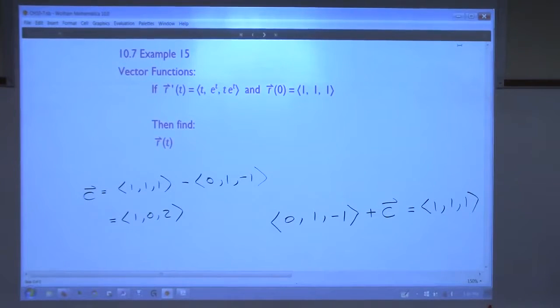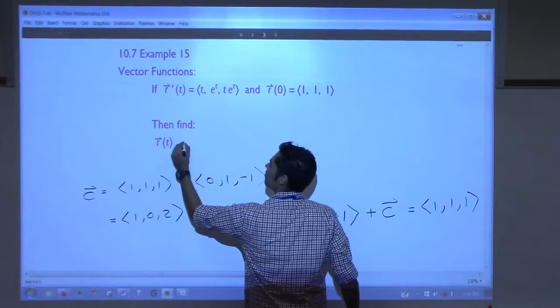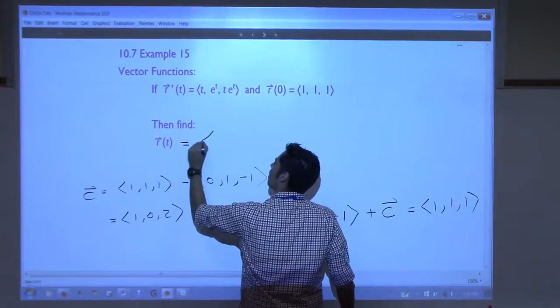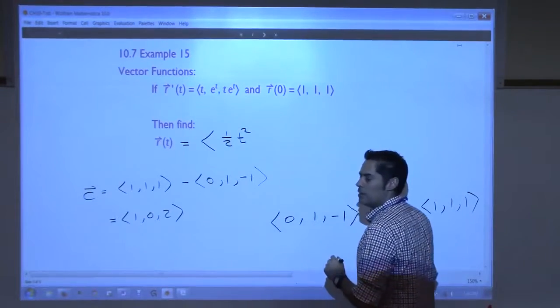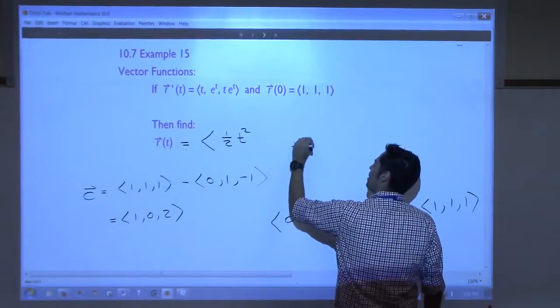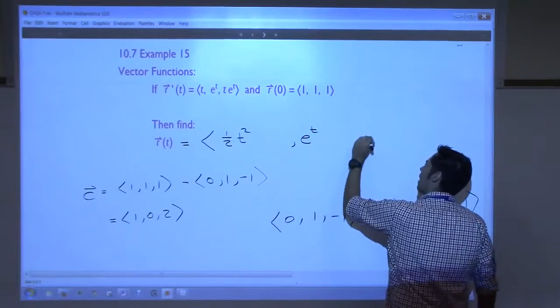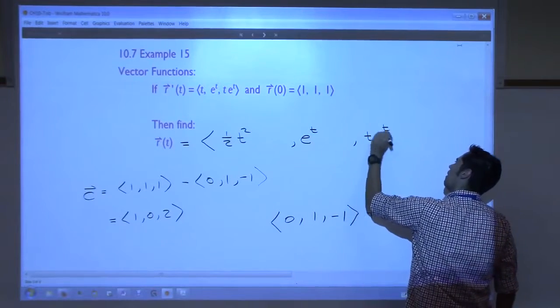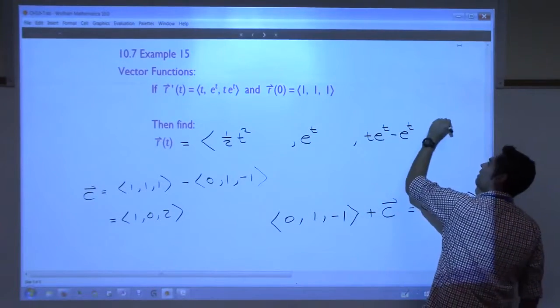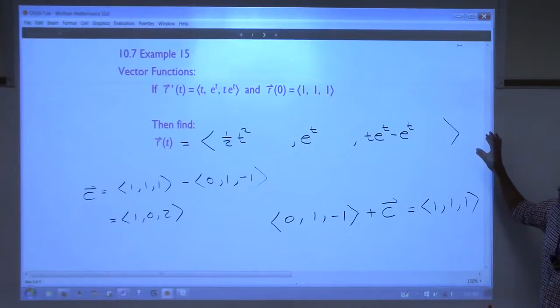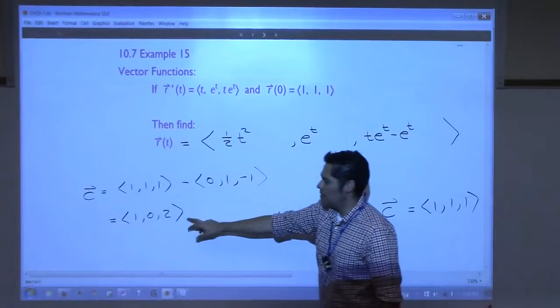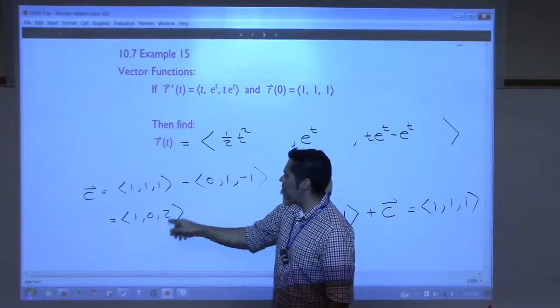All right, final answer. R of t is 1/2 t squared, right? Then we had here, I'm going to leave some space, e to the t, and then we had t e to the t minus e to the t, like that, plus our c vector. But our c vector is this. So what I'm going to do is take each of these components and put them in here.